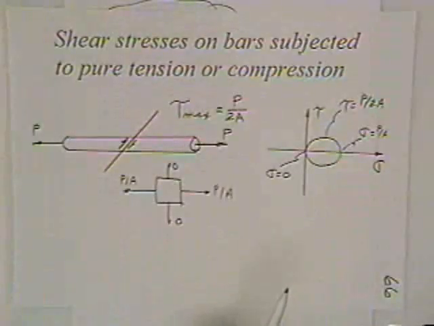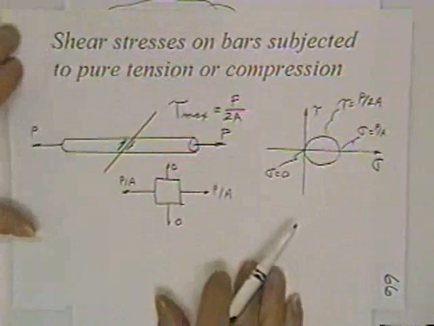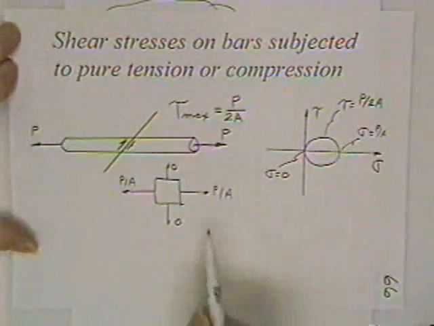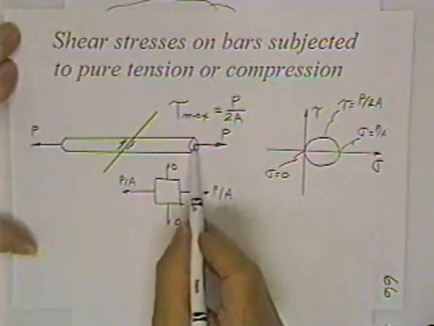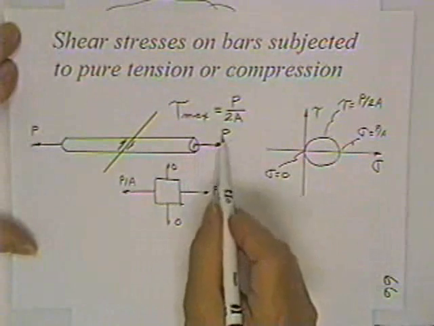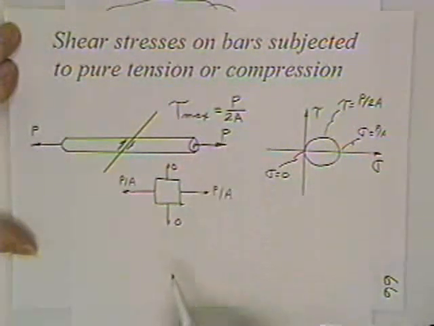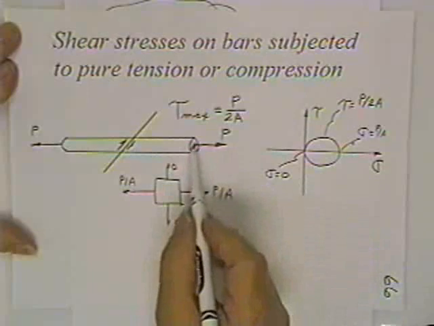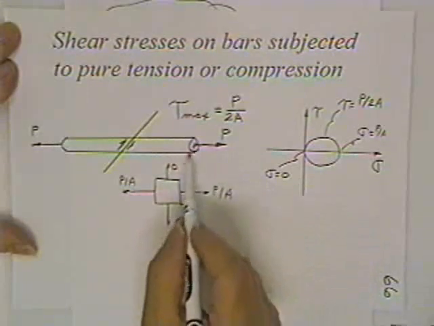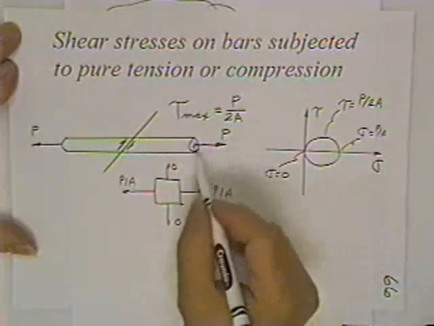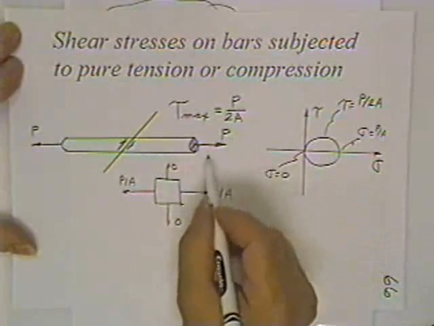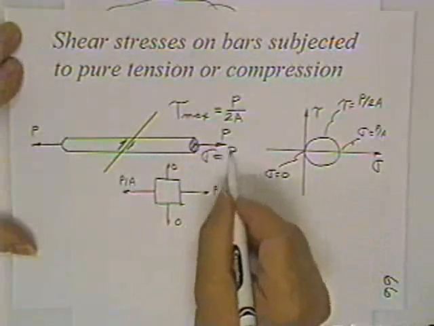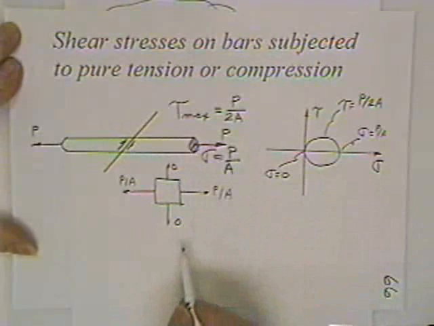Blow and go here. There's a couple of things that are probably important enough you really are likely to see it, so it's probably worth another 10 minutes. Many times you'll have a bar, the guy did nothing but stretch it in tension. First off, people always think that if you put a pure tensile force on the bar, then you cause a pure tension sigma P over A in the bar.